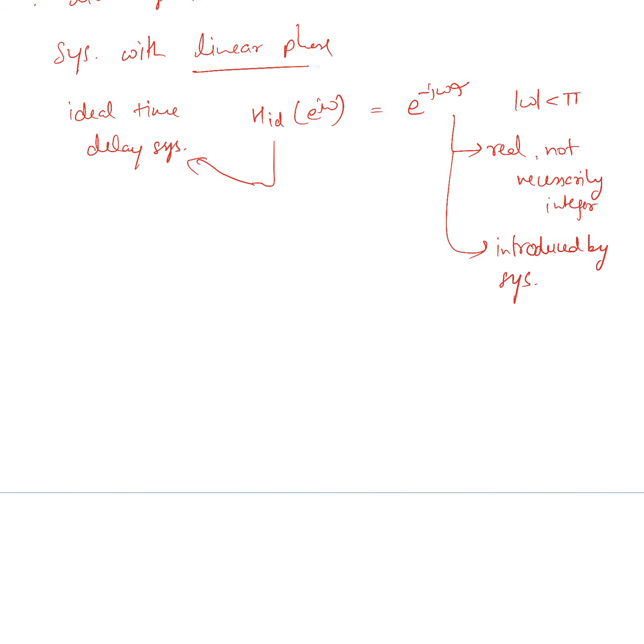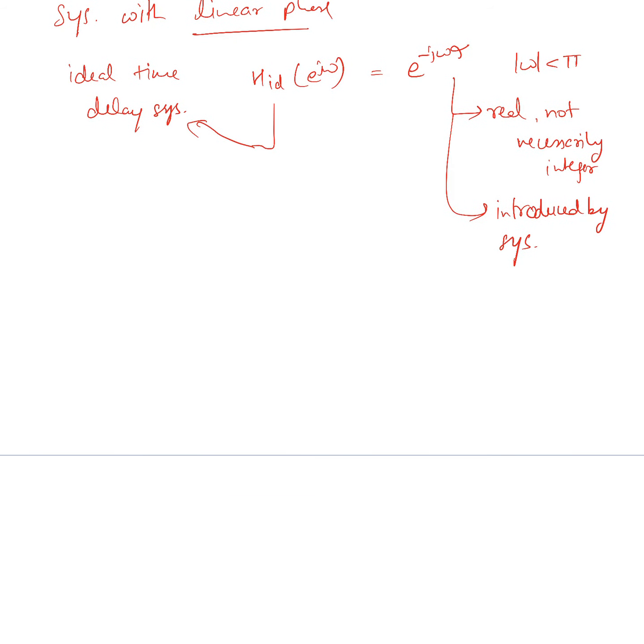So we had seen this system earlier, but let's just quickly analyze what other properties are associated with these ideal delay systems, and under what circumstances it induces the linear phase or no distortion, and what is the impact of distortion.